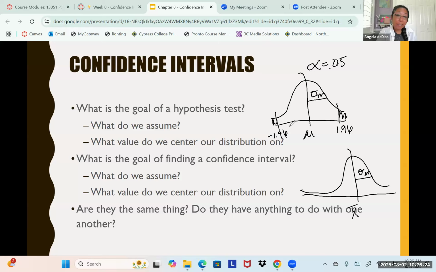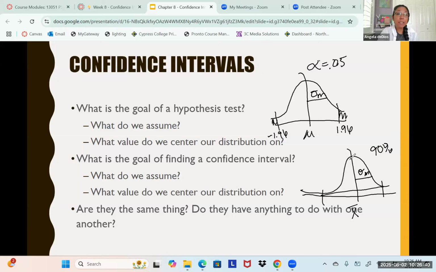Now, that does not necessarily mean that your confidence interval is going to have the same critical regions. For example, let's say for the confidence interval, I want to look for a 90% confidence interval.